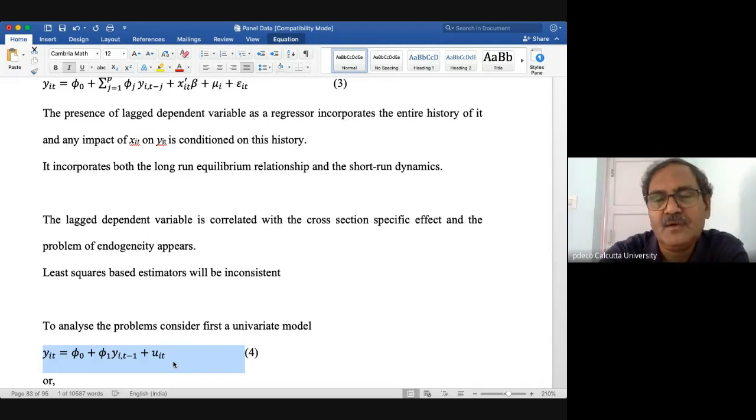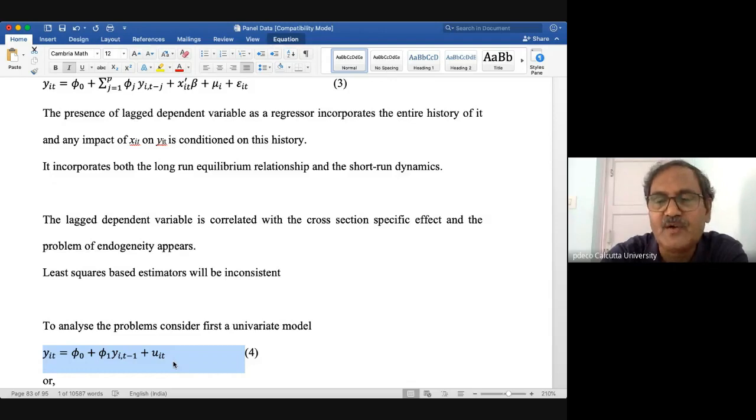When we discussed the problem of unit root in the panel framework, we used y_it equal to phi naught plus phi 1 y_it minus 1 plus u_it as the basic model to be estimated. Okay. So in that case also, you have to face a similar problem.